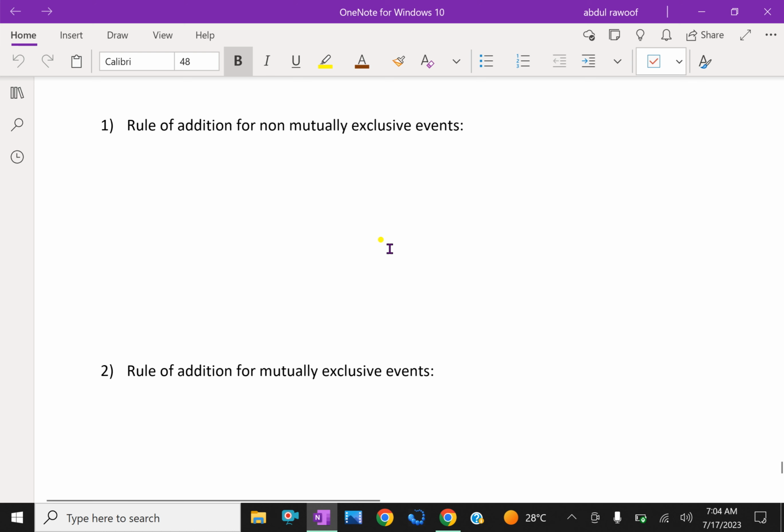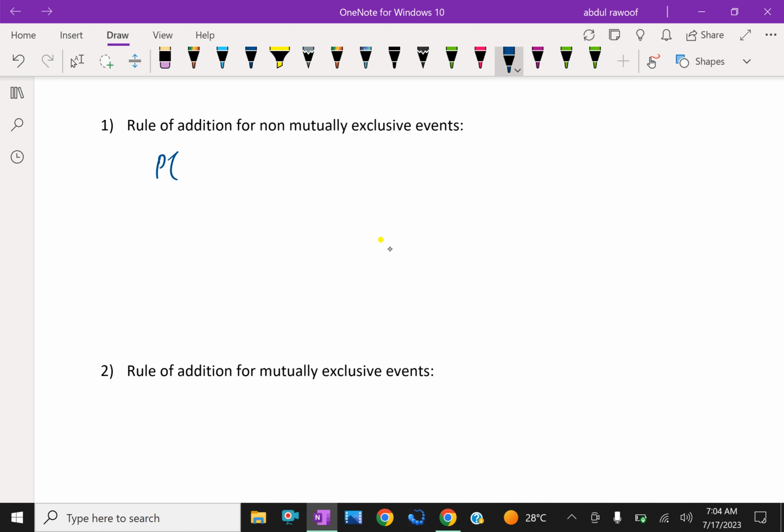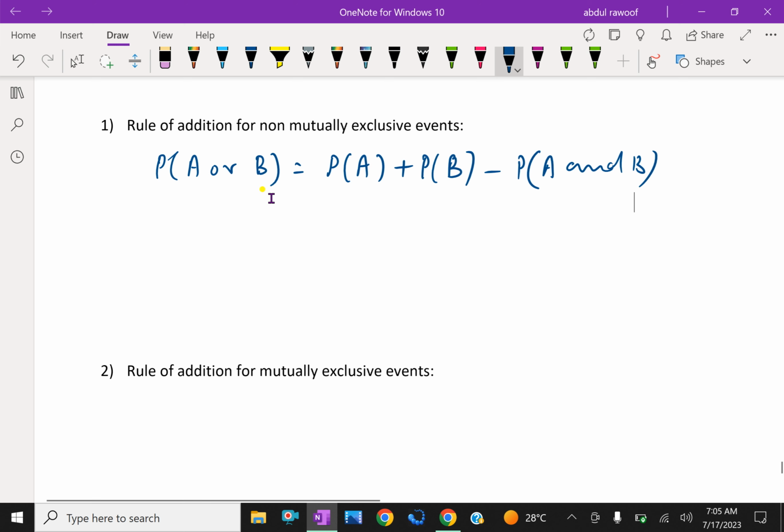Then we can say P of A or B is equal to P of A plus P of B minus P of A and B. This is the formula: P of A or B is P of A plus P of B minus P of A and B.